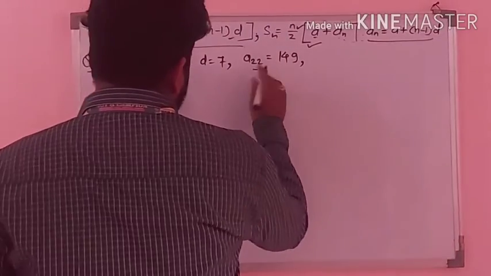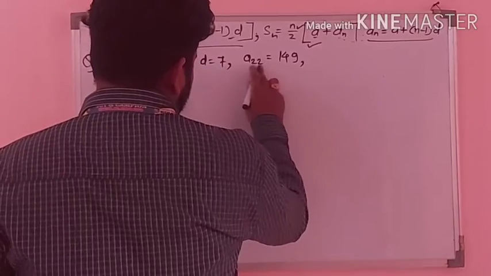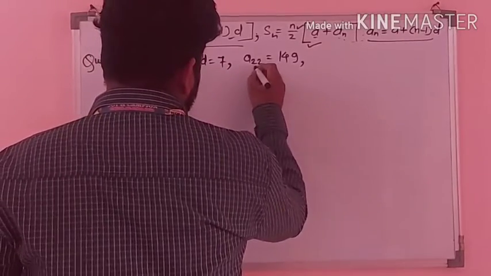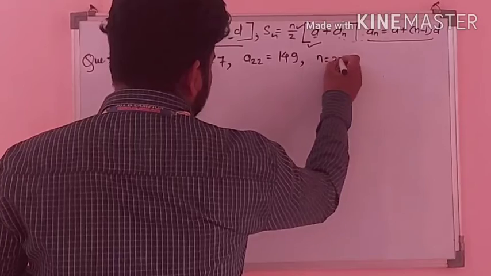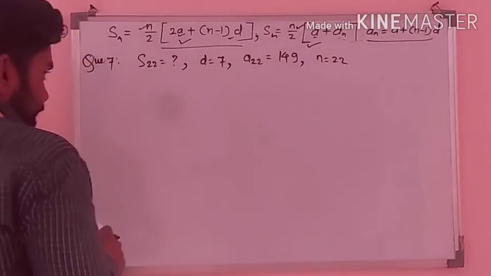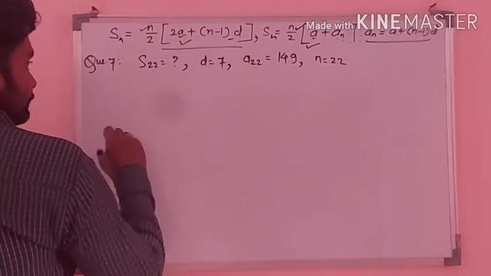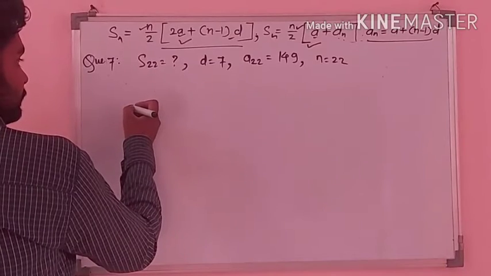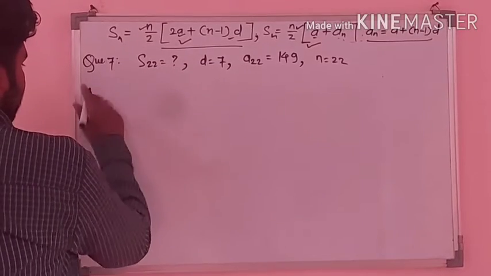Okay, so let this one be the last term, or we can write here n is equal to 22. So find out the first n terms from the solution.